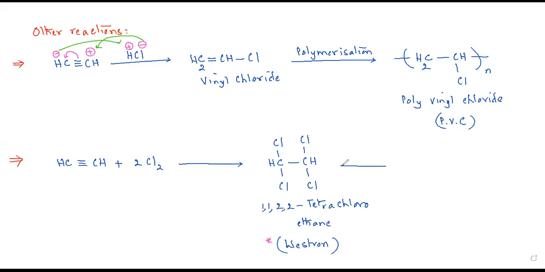Now, when this is treated with alcoholic KOH, a dehydrohalogenating reagent, right? Then, of course, remove HCl, one molecule of HCl, and you'll end up with CCl2 double bond CHCl.